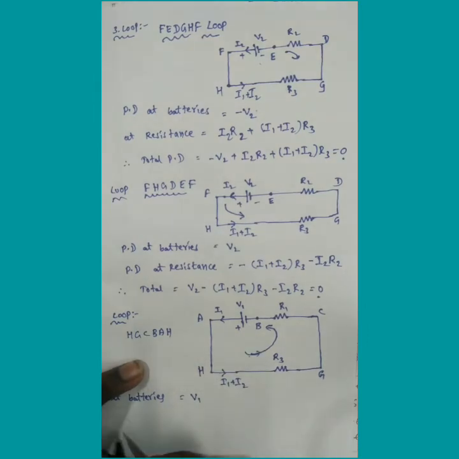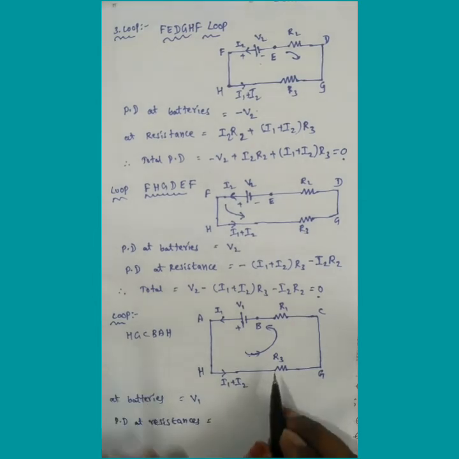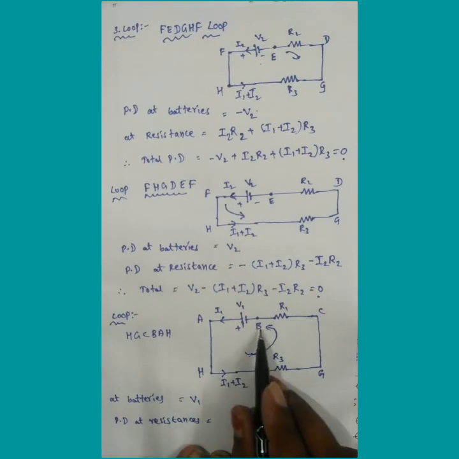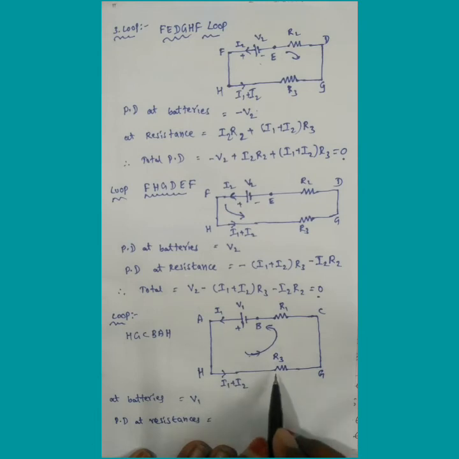And what about the resistances? So the potential difference at the resistances. How many resistances are there? Two resistances. So we are taking in this direction, but the current is flowing along the direction. So during that time, the potential difference at the point has to be taken as negative.